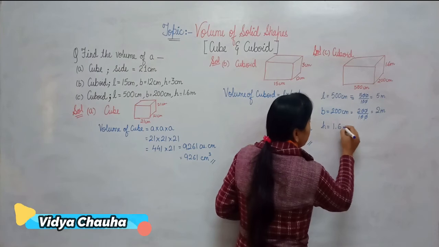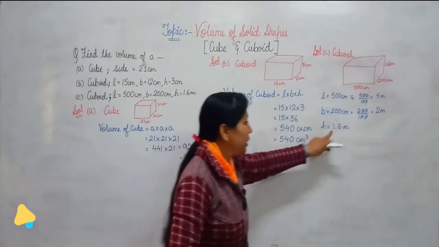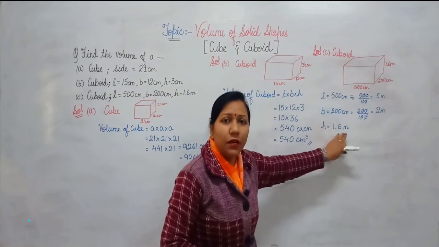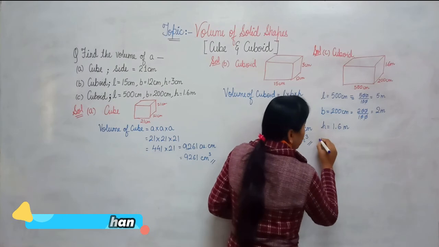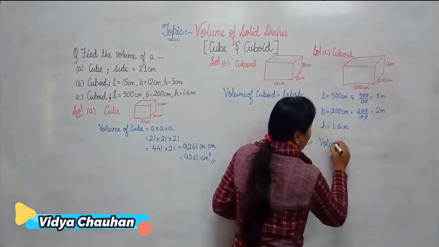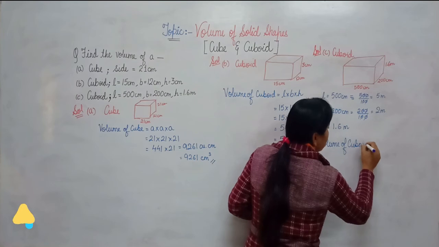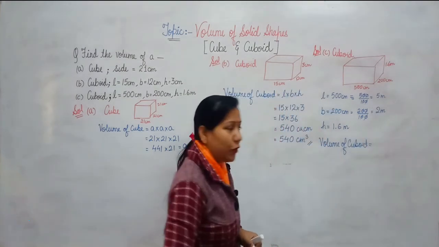And height is given to us in terms of meter, as in the question, 1.6 meters. So there will be no conversion here with the third dimension. Now it's time to put the formula for volume of cuboid. Now we can calculate the volume, just because we have converted all the dimensions into meter form.